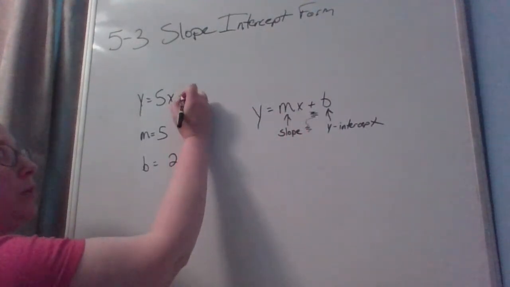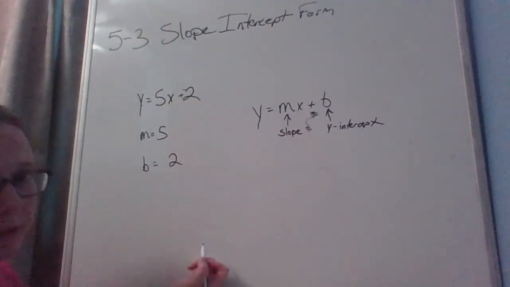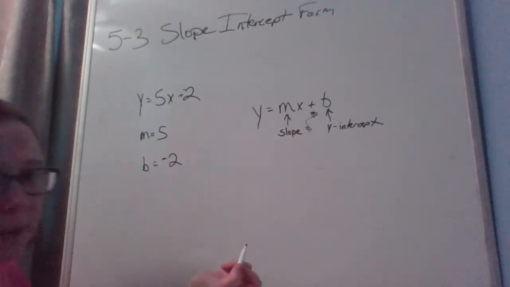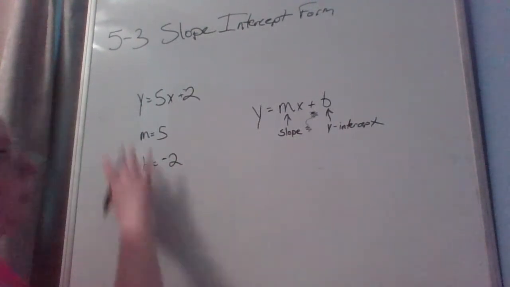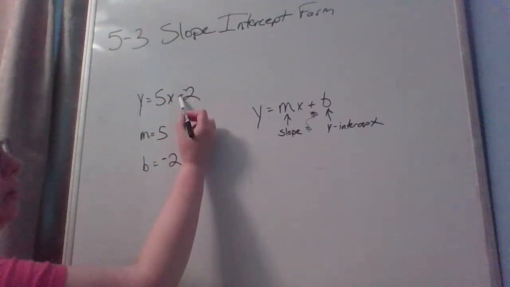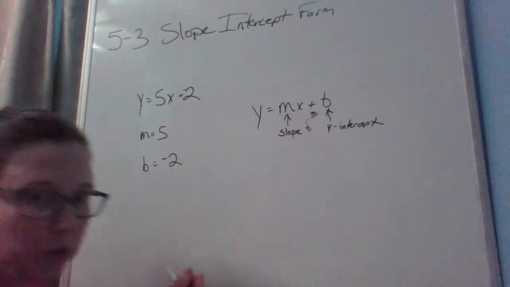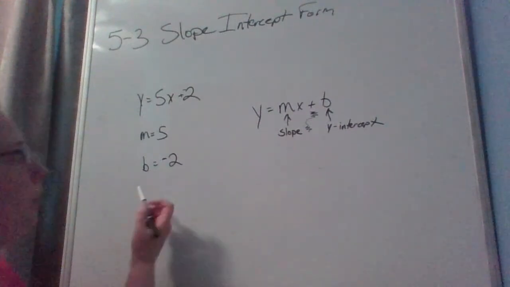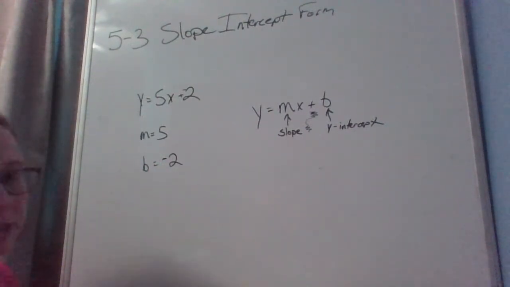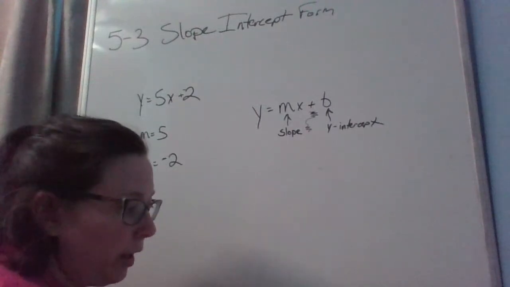Because of that, you need to change it to plus negative 2, and then we can say that our y-intercept is negative 2. Okay, there's no more switching around. You just have to change that subtraction sign to an addition sign, make your number negative, and then you're golden, and we can say that our slope is 5 and our y-intercept is negative 2. Try out 1a and come on back.